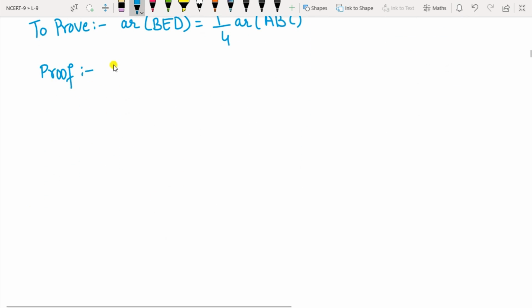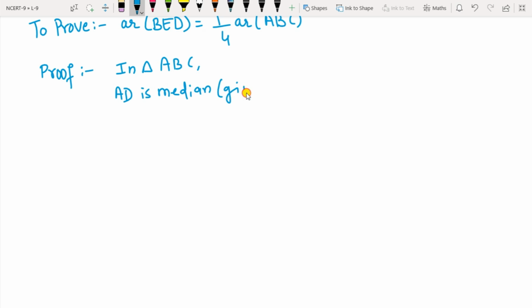In triangle ABC, AD is median, that is given. Therefore, area of triangle ABD will be equal to area of triangle ACD, right?